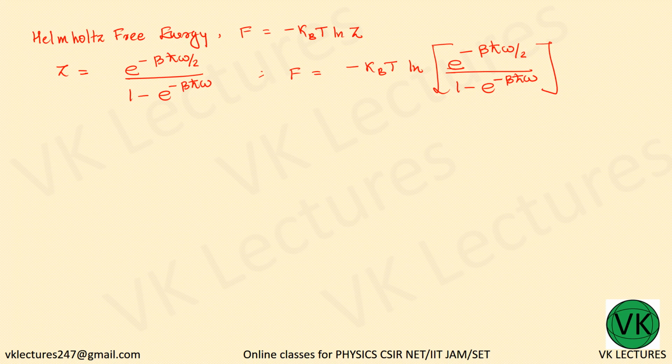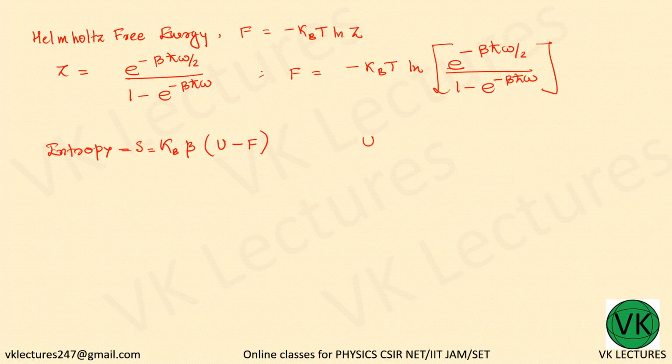Right, now we have the entropy. Here we are using a different formula, that is entropy is equal to kB beta into U minus F. There is no differentiation or integration here, just apply U and F and you get the entropy S. So S is equal to kB beta (U minus F).